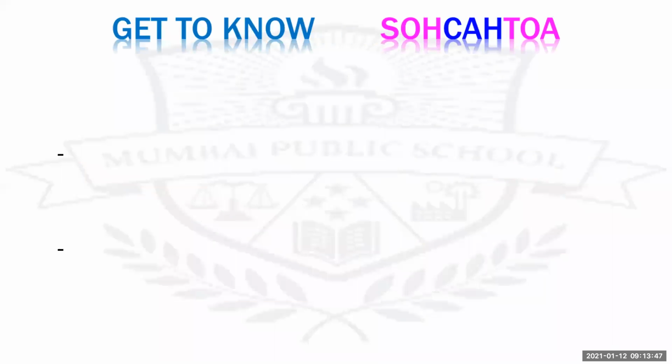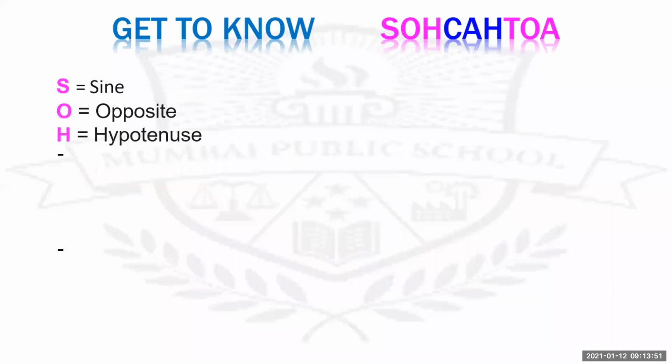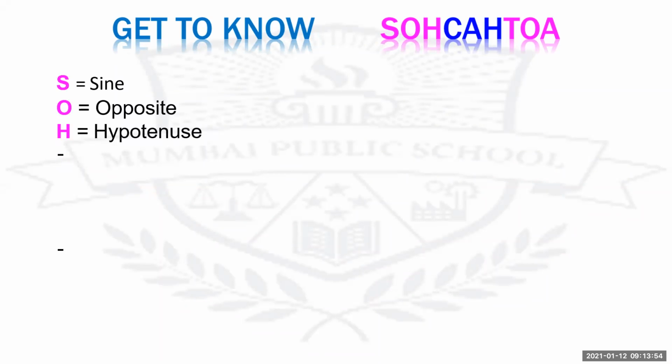Get to know SOHCAHTOA. What is basically the SOHCAHTOA? S for sine, O for opposite, H for hypotenuse. Understand? So sine theta equals the side opposite to angle theta upon the hypotenuse. So sine equals opposite upon hypotenuse.